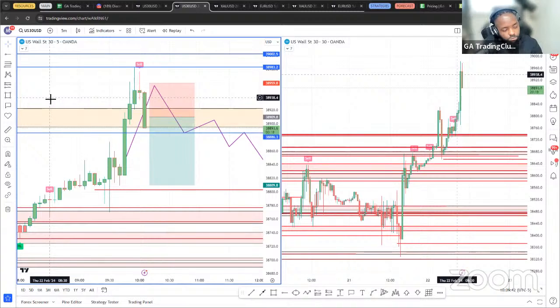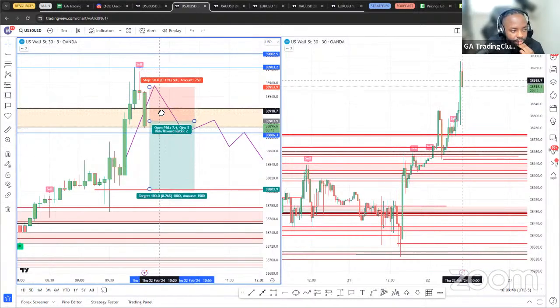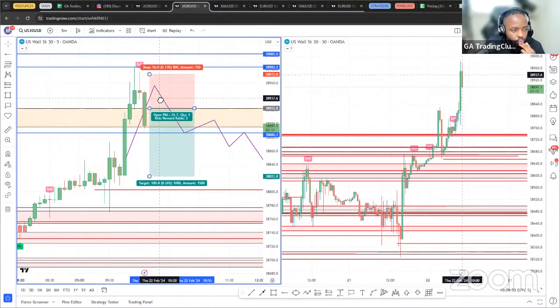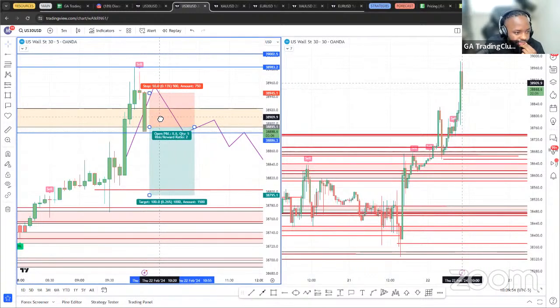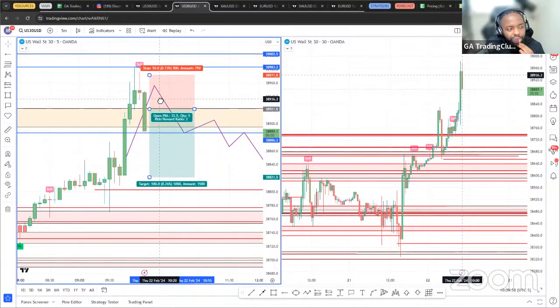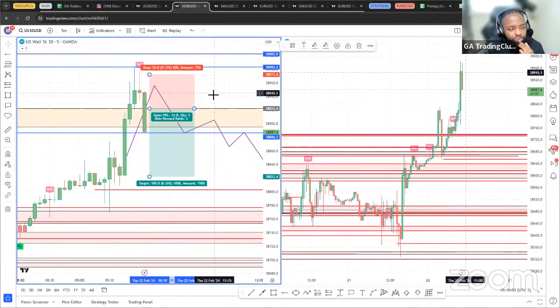If it closes below, I'm not going to take it. I will wait for it to come back up here. This is still too huge of a candle. I'm not taking it. I'll take it if it comes back to the high of that supply zone right there.